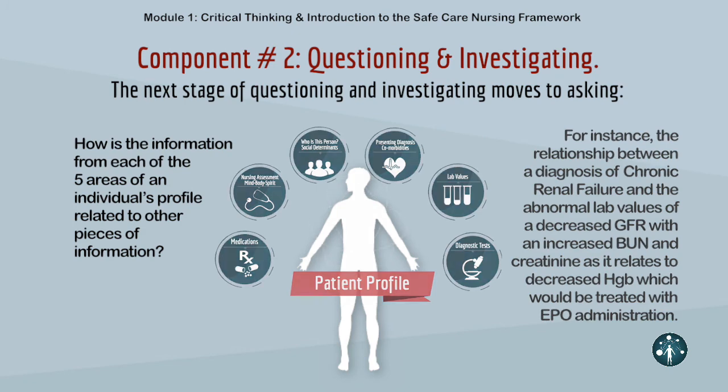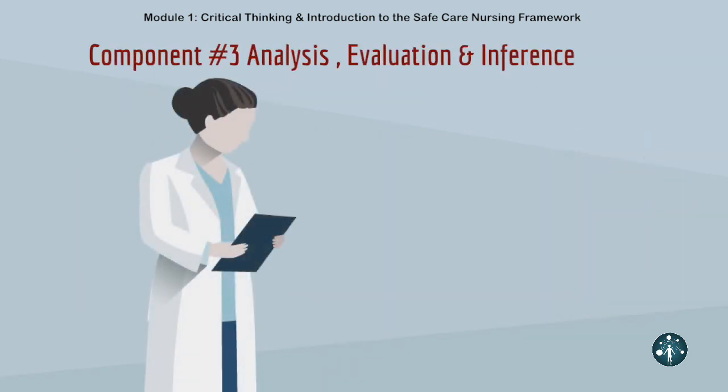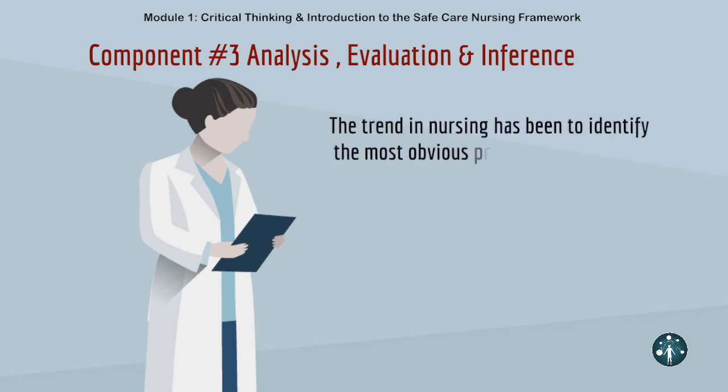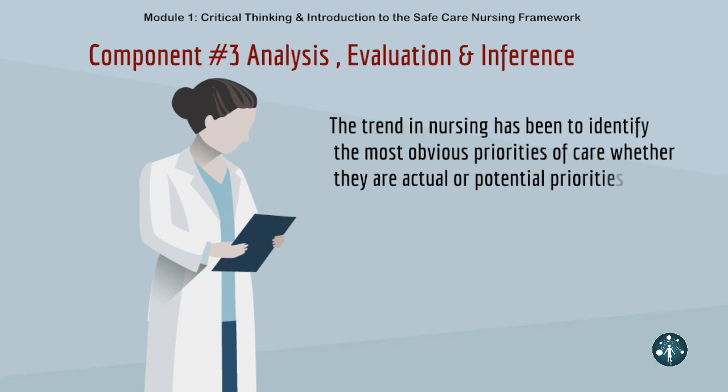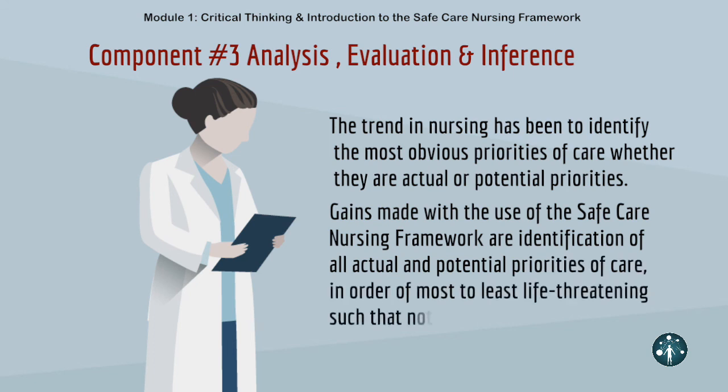The third component of critical thinking, as outlined here, is analysis, evaluation, and inference. The trend in nursing has been to identify the most obvious priorities of care, whether they are actual or potential priorities. Gains made with the use of the Safe Care Nursing Framework are identification of all actual and potential priorities of care in order of most to least life-threatening, such that nothing is missed.